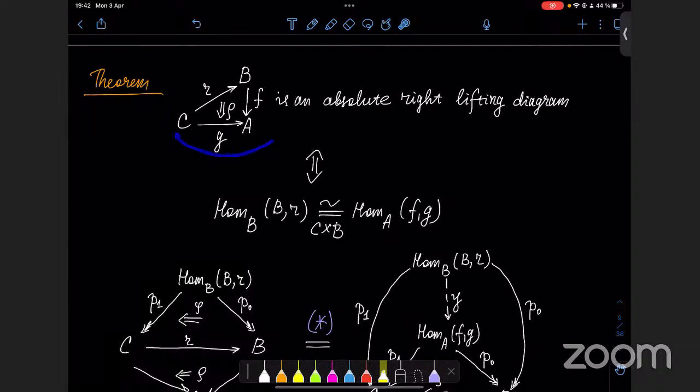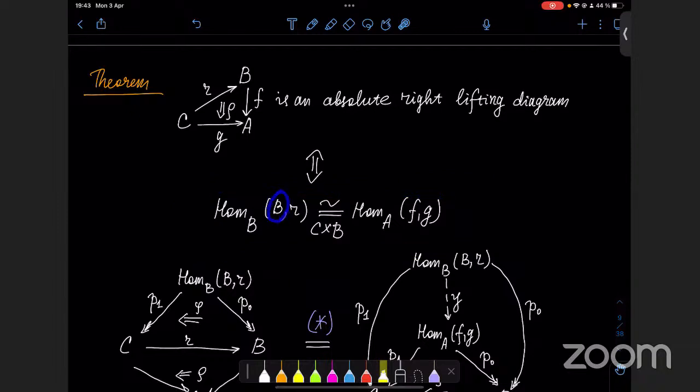So now the first theorem. Suppose that we are given the following diagram with this natural transformation rho and this commutative triangle. Then this diagram is an absolute right lifting diagram if and only if we have the following isomorphism between hom objects.